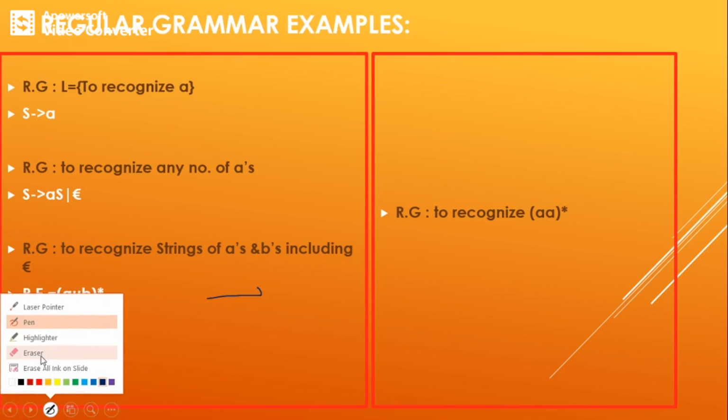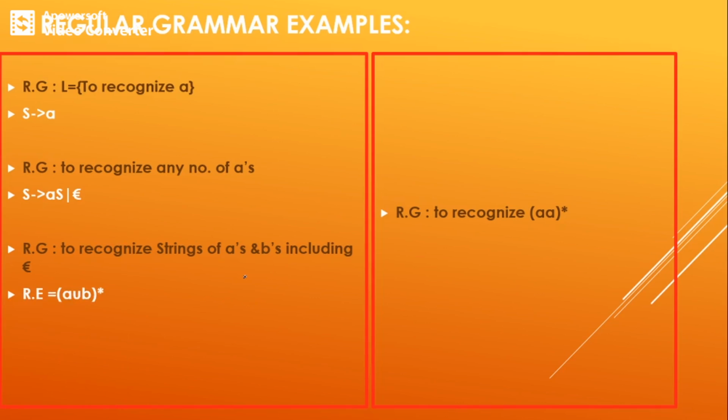You have to start from some symbol, because the language can contain the string epsilon, then AB, AA, BA, BB, ABA, and many more.